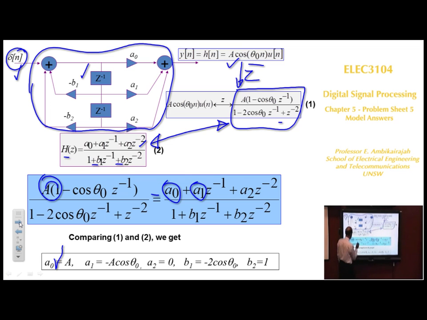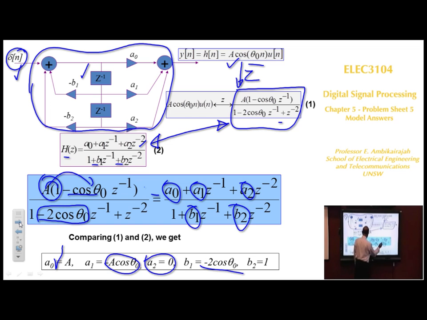A1 should be equal to A times cos theta naught minus cos theta naught. So A1 is that. A2, there's no A2 here, so it should be 0. Then B1 is equal to minus 2 cos theta naught. And B2 is equal to 1. And we know that B2 is 1, we set that earlier.